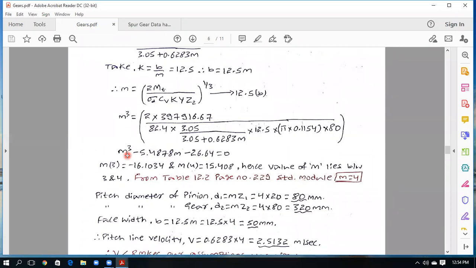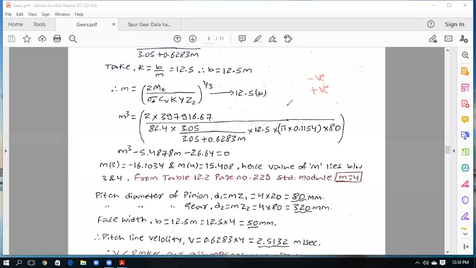The other method is the trial and error method. You have to find the value such that the m value is in between negative and positive. If you substitute m is equal to 2, you will get minus something. Next I substitute m is equal to 3, I will get minus 16.1.